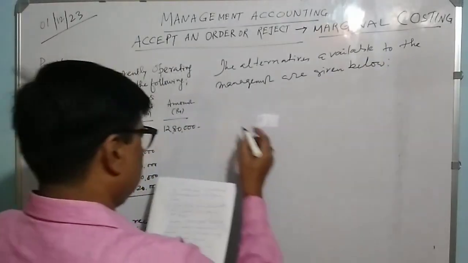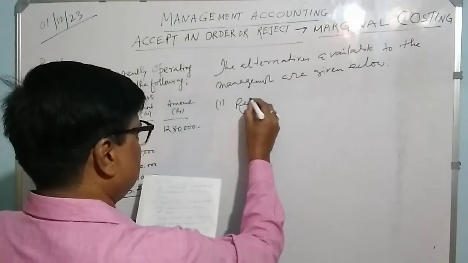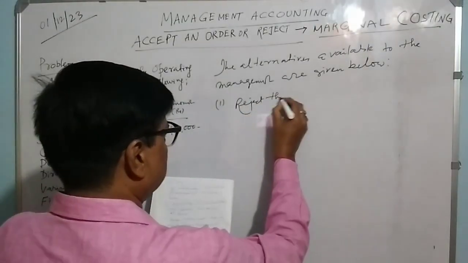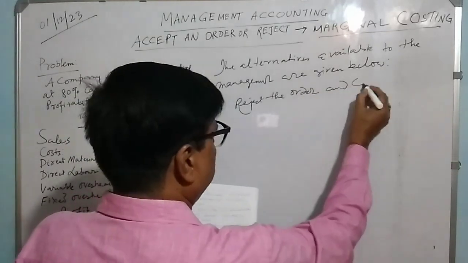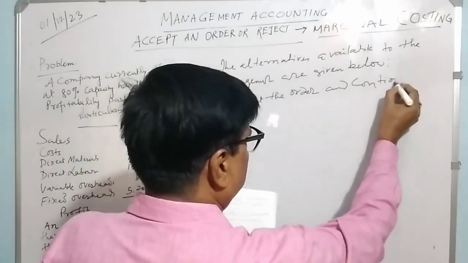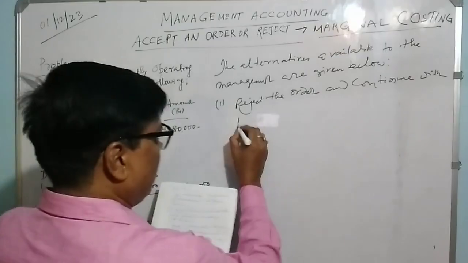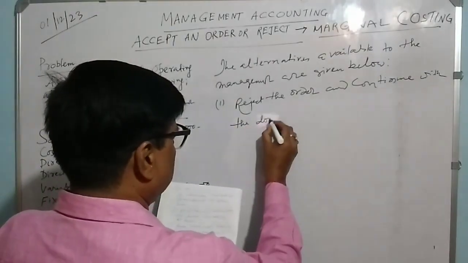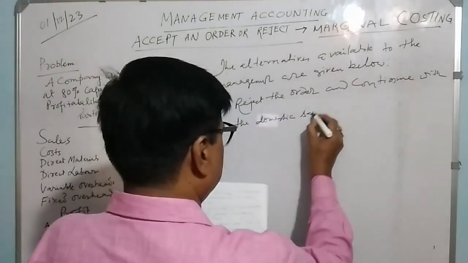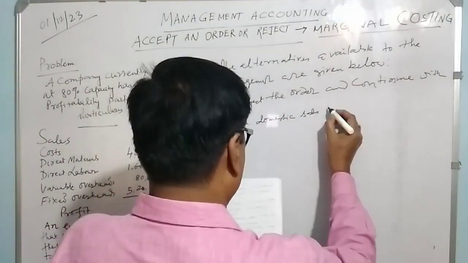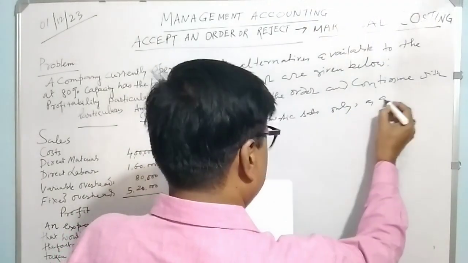What are those? Option number one: reject the order, and continue with the domestic sales only as at present.